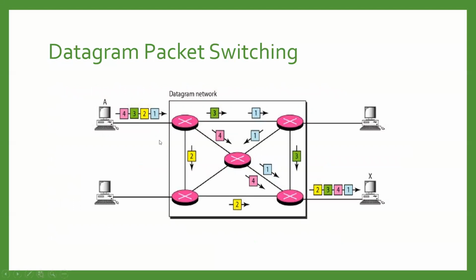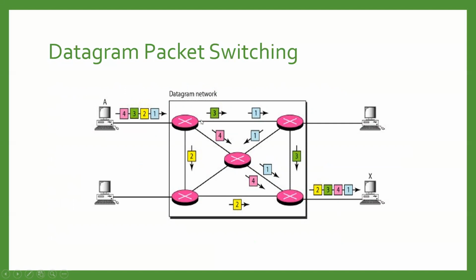What is happening in this? See, four nodes are available, from which data is transmitting from A to the X node. Now A holds data of a large size, so that particular message is divided into chunks, and each individual chunk is called a datagram. Now 1, 2, 3, 4 is the sequence number which is placed on each individual datagram.